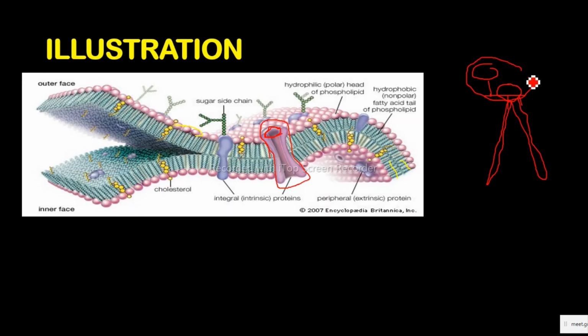And so these two are going to form tails. This is the phospholipid tail, this is another phospholipid tail, and all of this forms a phospholipid head. So what you are seeing here is glycerol together with phosphoric acid. Then this one is just a long hydrocarbon chain of fatty acids.